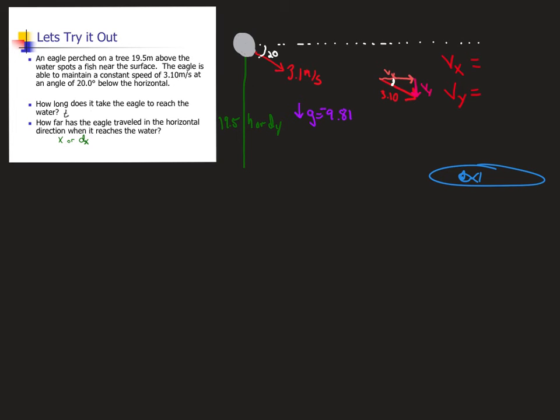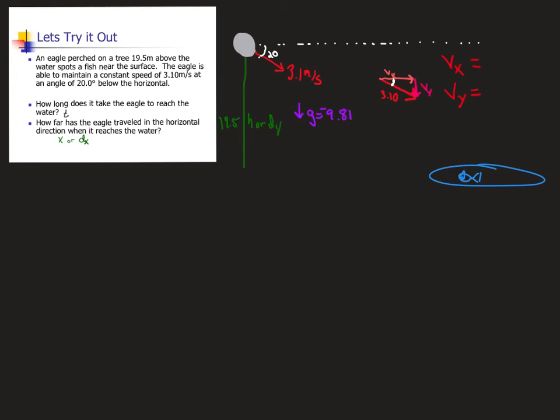utilizing our understanding of trigonometric functions, that the opposite would give me the velocity in the y. So the sine of 20 times 3.1 would give me 1.06.